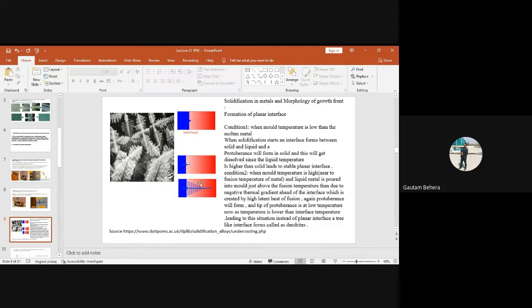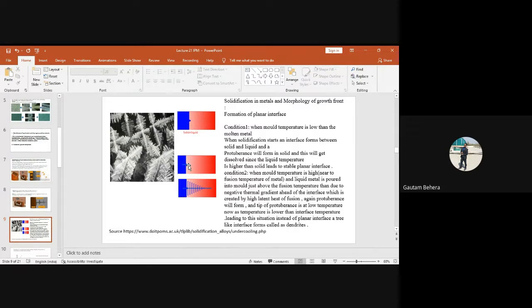So what happens? This is the first image where you can see a protuberance is forming. A bump is forming at the interface. But due to this high latent heat of fusion and negative thermal gradient ahead of the interface, the tip of the protuberance is at a low temperature. That means the tip of this protuberance has a low temperature, so it will not dissolve.